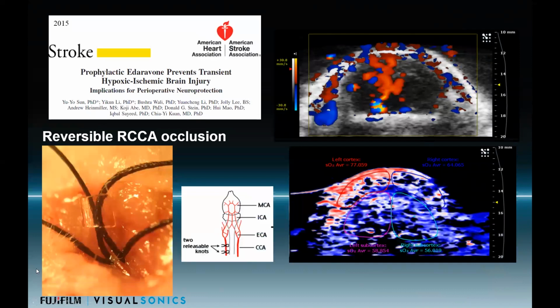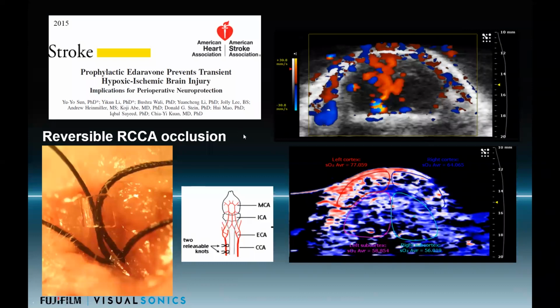This is some work that was done with Alex Kwan at Emory University, and he had a hypoxic ischemic model of stroke, where essentially you would ligate the common carotid artery, in this case the right common carotid artery, and then have the animal breathe a hypoxic gas, so 7.5% O2. The combination of these two things was able to induce a stroke via micro infarcts in the brain.